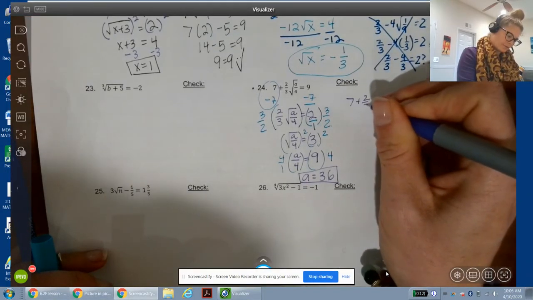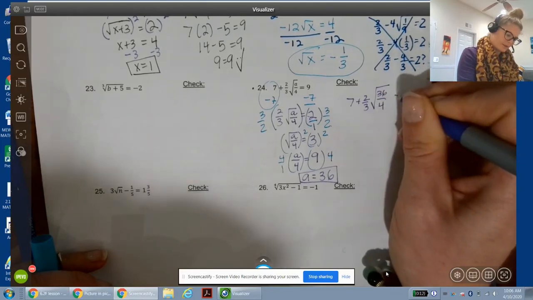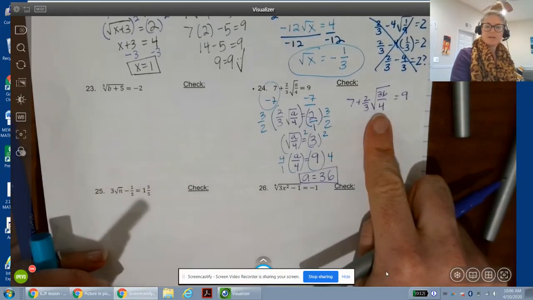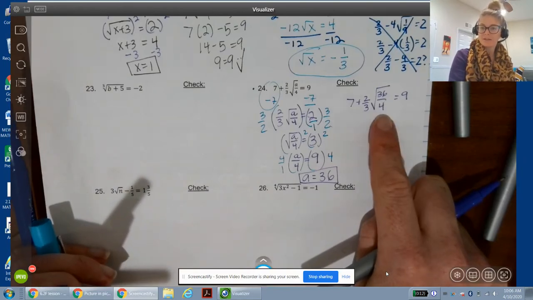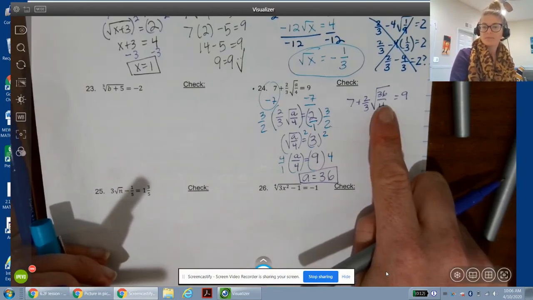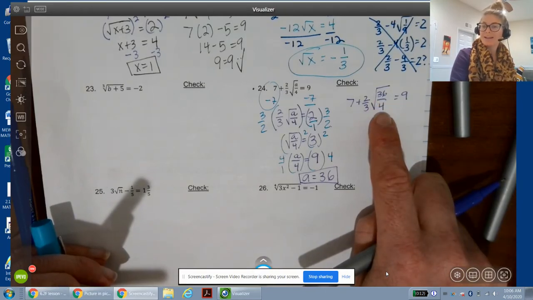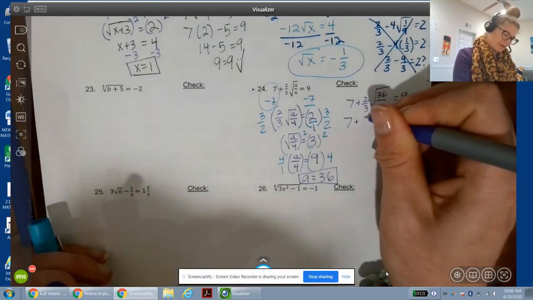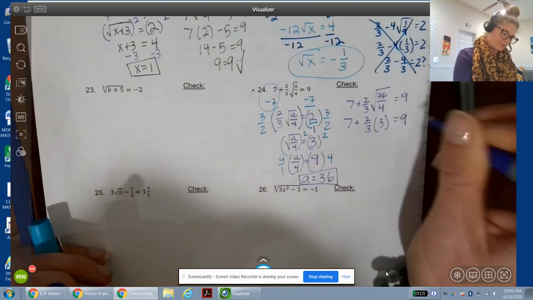7 plus 2/3 square root of 36 over 4 equal to 9. And you can simplify this radical two ways. You could simplify inside, 36 over 4 is 9, or you could simplify square root of 36 is 6, square root of 4 is 2, and either way you're going to get the square root to be equal to 3. So 7 plus 2/3 times 3 is equal to 9.